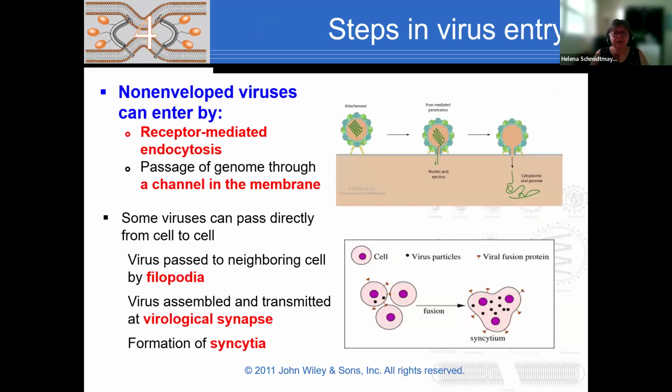We know that enveloped viruses can fuse with the target membrane, so the viral envelope fuses with the cell membrane. Non-enveloped viruses can enter by receptor-mediated endocytosis, and from endosomes, they can employ different mechanisms to exit them. Some viruses trigger bursting of the endosome and viruses are released. Others trigger a hole in the endosomal membrane and they are released.